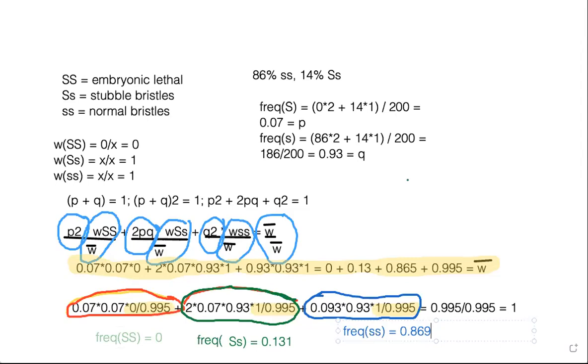And our frequency of flies with normal bristles is going to be 0.869, or about 87% instead of 86%. So the frequency of normal bristled flies will go up a little. The frequency of stubble bristled flies will go down a little. The frequency of big S flies will remain 0.